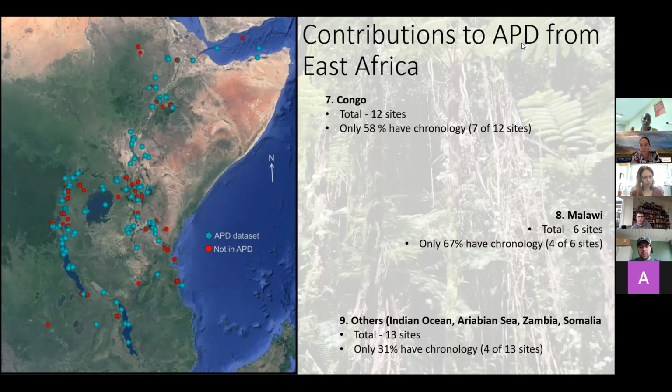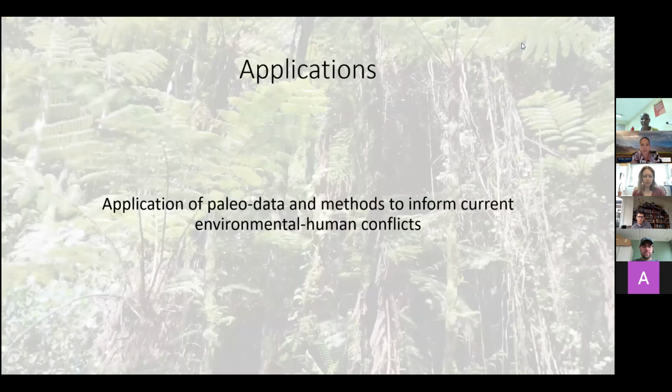We are trying to look at how the East African mountains have changed over time, looking at how the biomes are shifting along altitude, mostly during glacial times. So coming to the main highlight of today: applying the paleo data to inform the current environmental human conflicts.